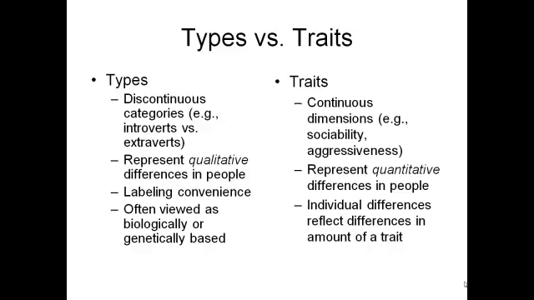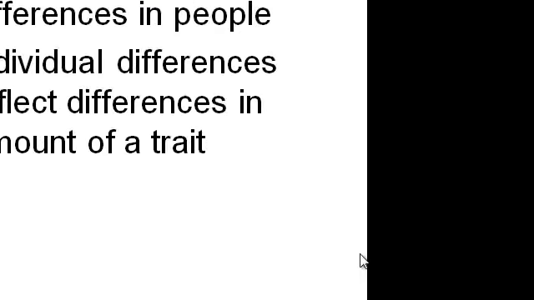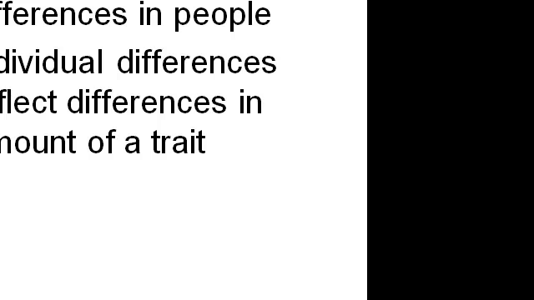Basically, what types are is essentially putting somebody into a category. So say someone who would be an introvert or an extrovert. You're not saying how introverted somebody is. You're not saying how extroverted somebody is. You're saying, this person is an introvert and this person is an extrovert.